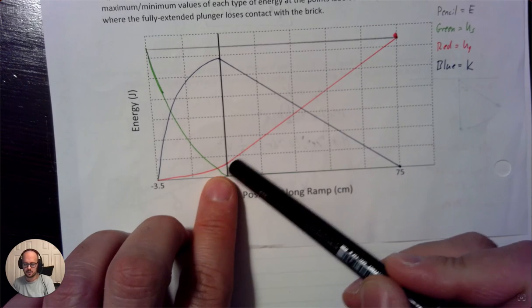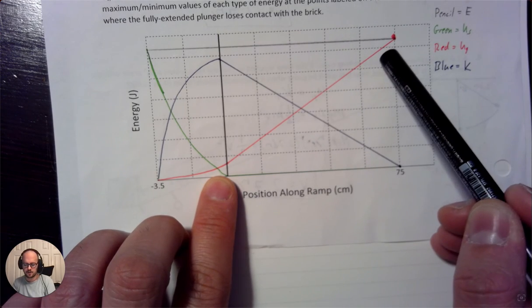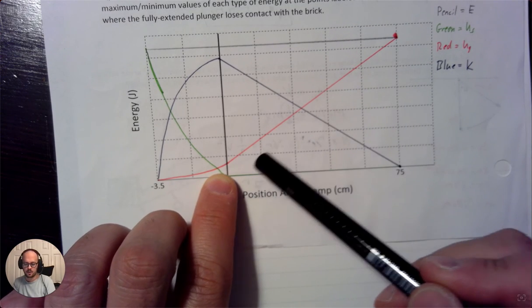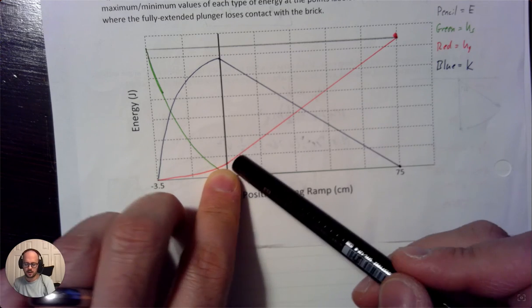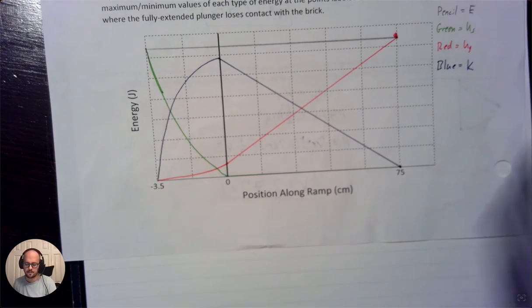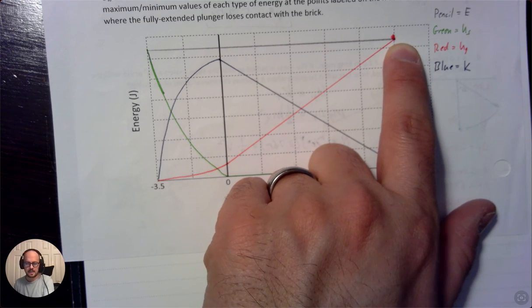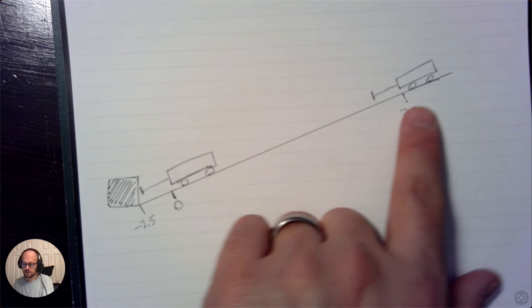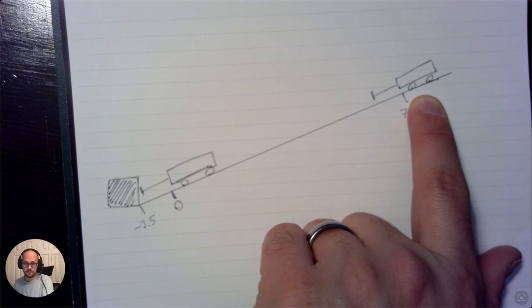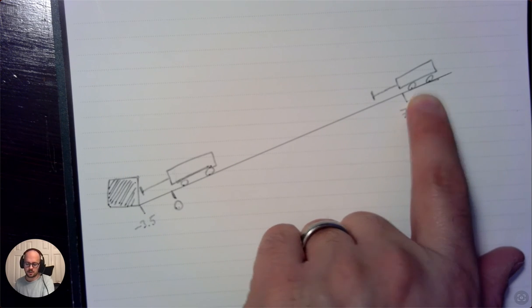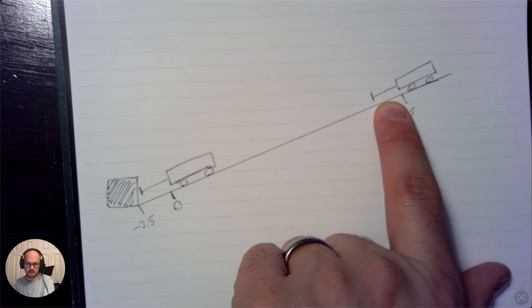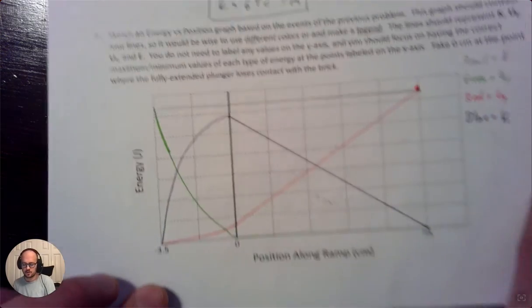The gravitational potential energy is kind of driving this part of the problem, and so that energy is proportional to height, and so the height is increasing at a regular rate there. It ends at the maximum, so it's ending when it's equal to the mechanical energy, because at the end of this problem, the only energy left is gravitational potential energy. It's not moving, and the spring is released, so there's no more other types of energy.